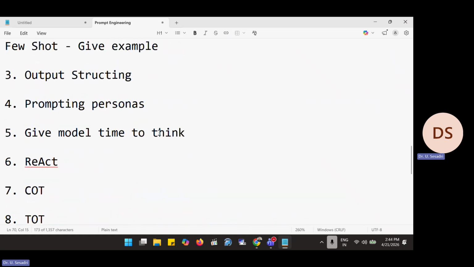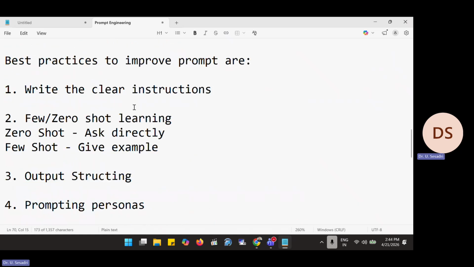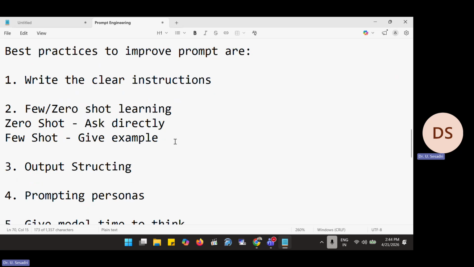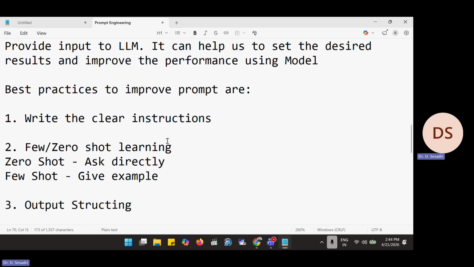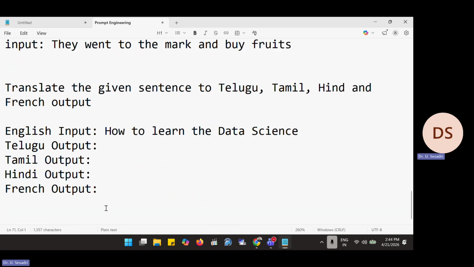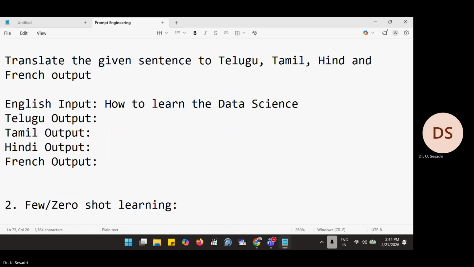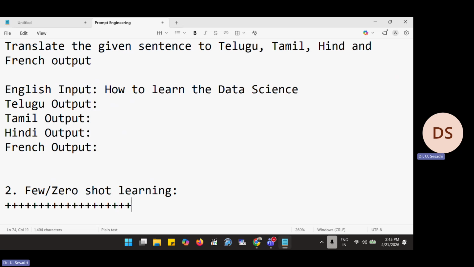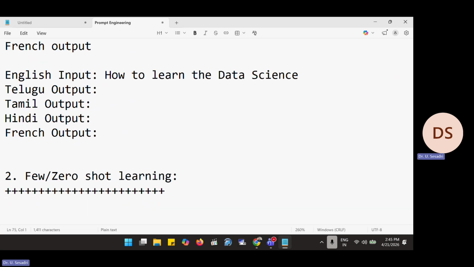And also, some of the best practices to improve the prompt: the second one is few shot or zero shot learning. For this, let's see one more example.